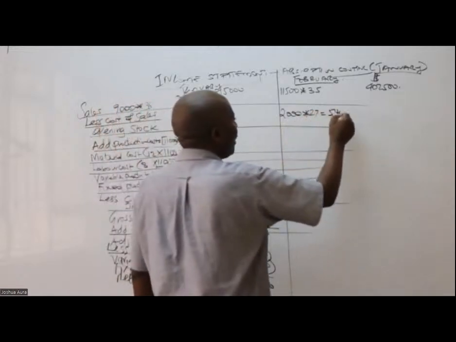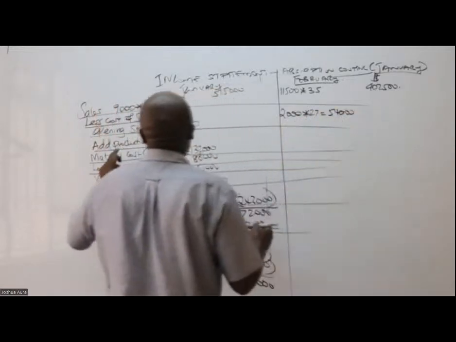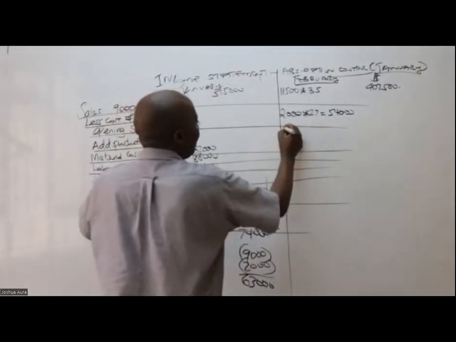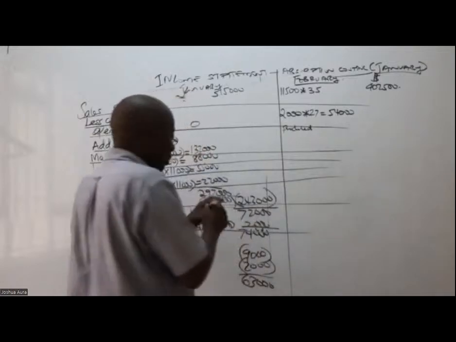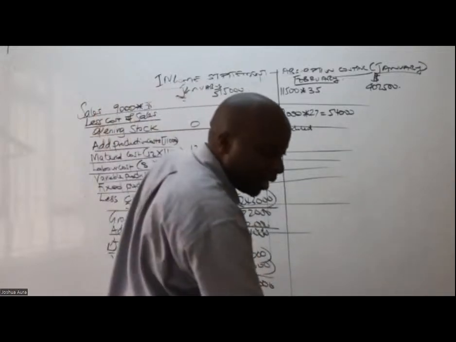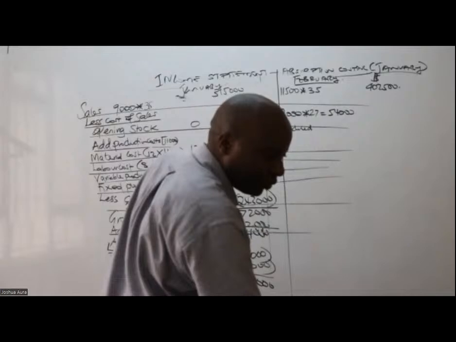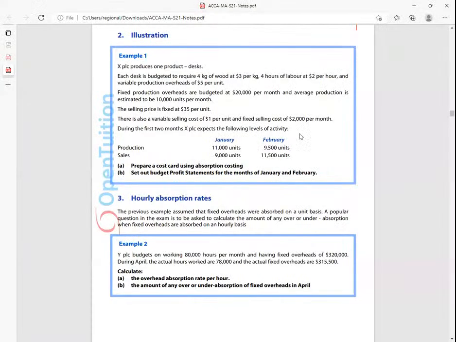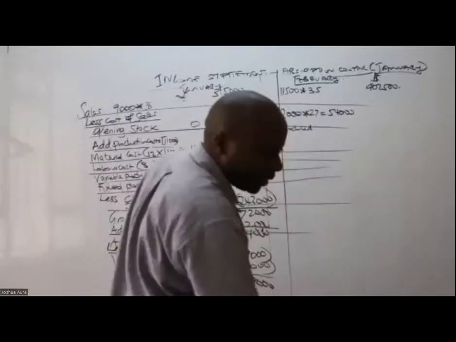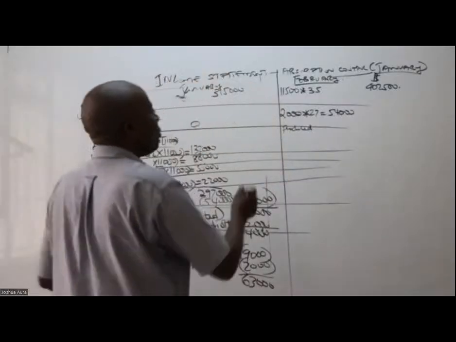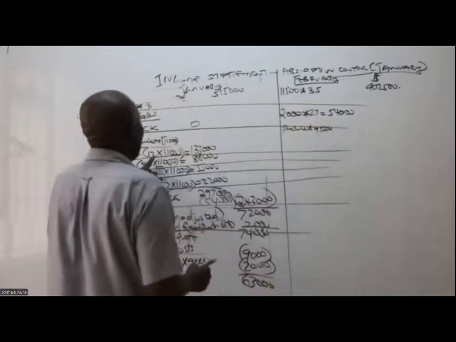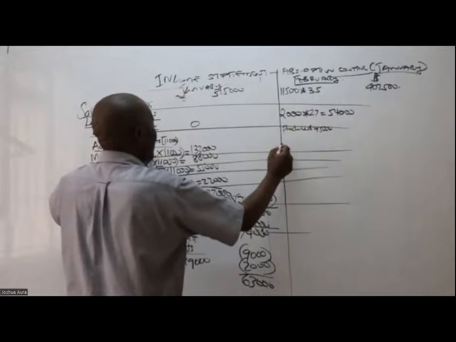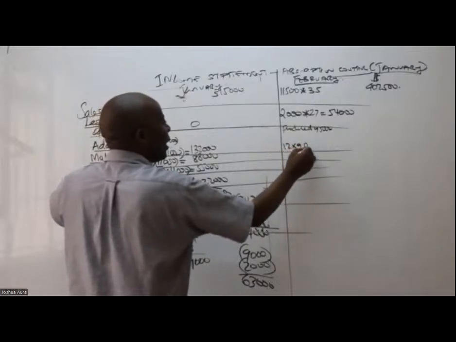Thank you very much. Now from there, we come under account for production cost. How many units did we produce in the month of February? If you look at this book very well, the production was 9,500. So for material cost, the 12 still stands, so I'll talk of 12 times 9,500.